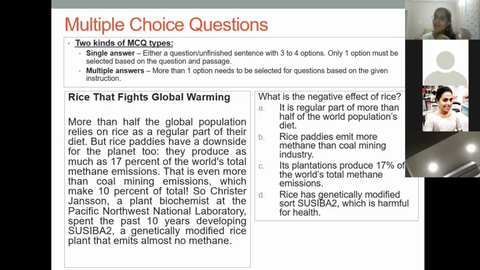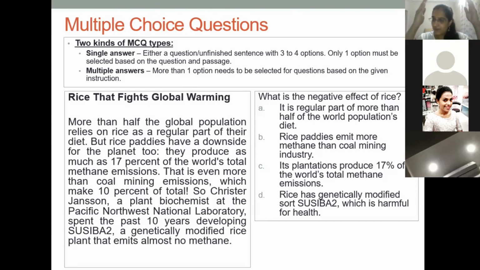So basically finding information from the passage, but you're given options just like the KBC show. Correct? That was multiple choice questions also. There are two kinds of multiple choice questions. One is multiple choice single answer. One is multiple choice multiple answer. Now, I'm going to tell you what multiple choice single answer is.